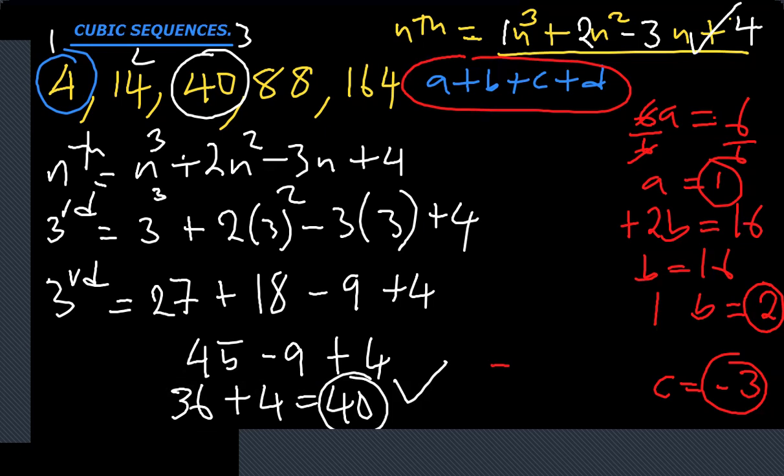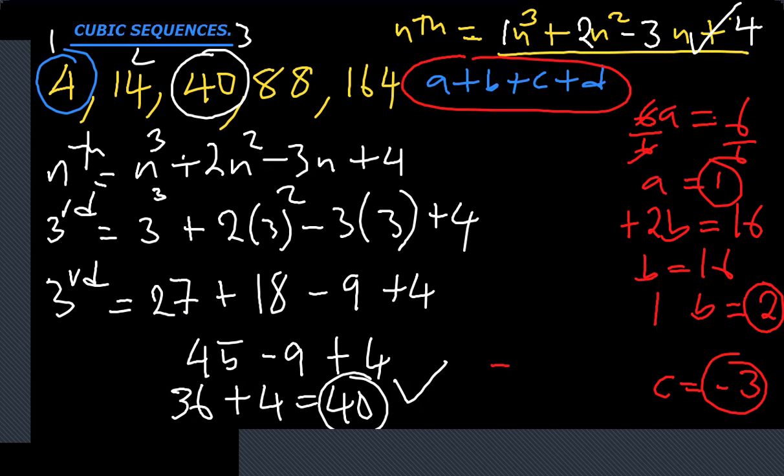So this is about cubic sequences. Now in the next video, I'll be showing you how to do quadratic sequences, right? So you just need to master the 3 expressions that give you each individual term. The difference of the difference of the difference is represented by the expression 6a.